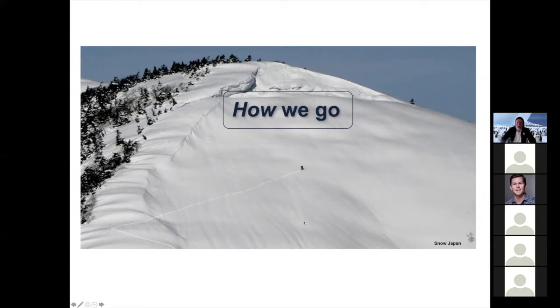Does this person have any options of where they go? What do you think? On the ridge, sure. Yeah. Maybe you can go up this way and down that way over there. So back the way they came, potentially.